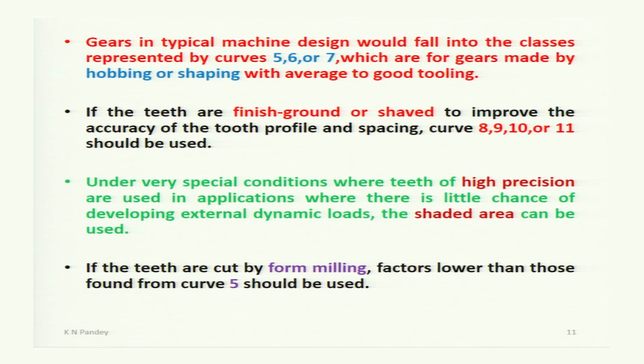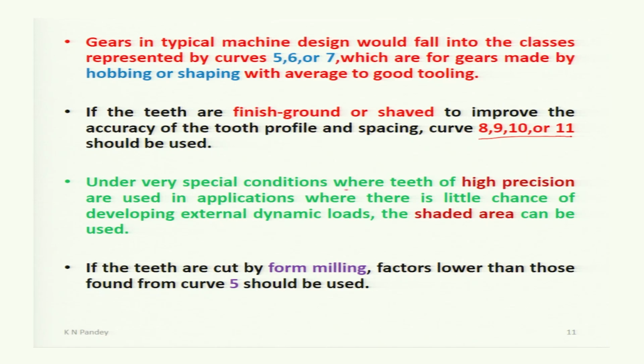Okay. If teeth are finish ground or shaved, means good surface finish is made to improve the accuracy of tooth profile and spacing, curve 8, 9, 10 or 11 should be used. So, with the increase in surface finish, the quality value is increasing.